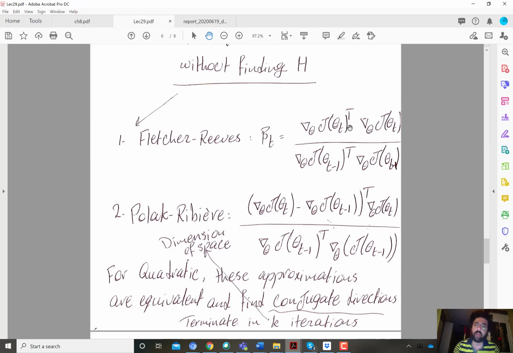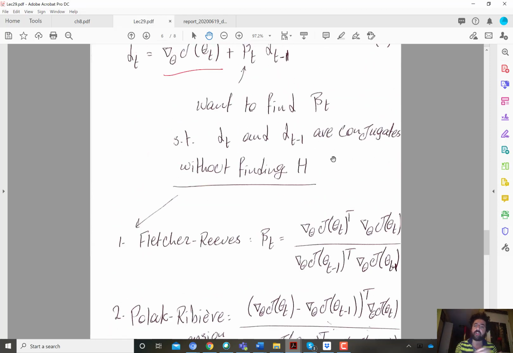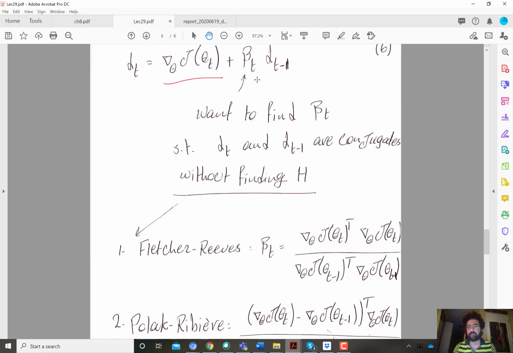So if the new gradient has a much larger norm, then beta t is large. If the new gradient has a much smaller norm corresponding to the old gradient, then beta t is small. Okay? And basically the intuition here is that you want to add a factor along the old direction that is proportional to the ratio of magnitudes between the new direction and the old direction, right?